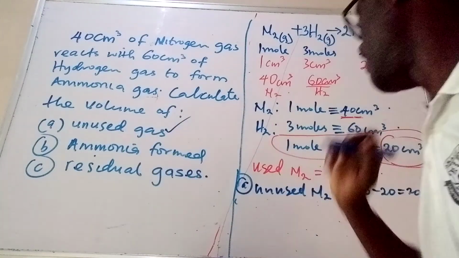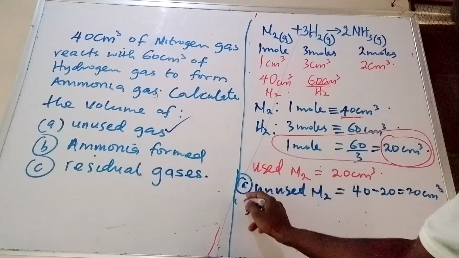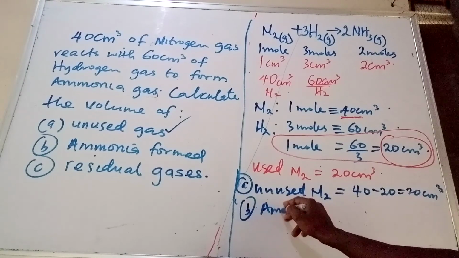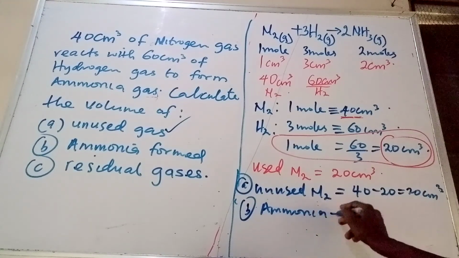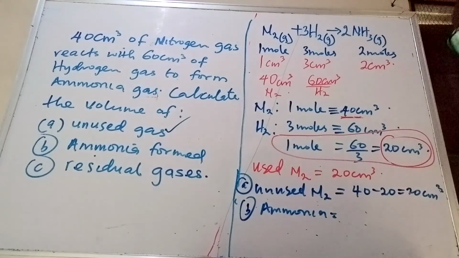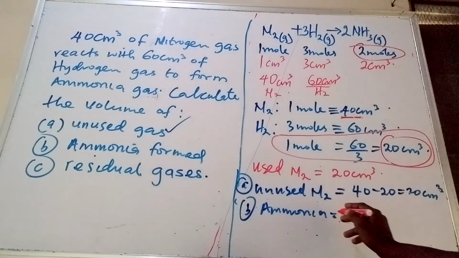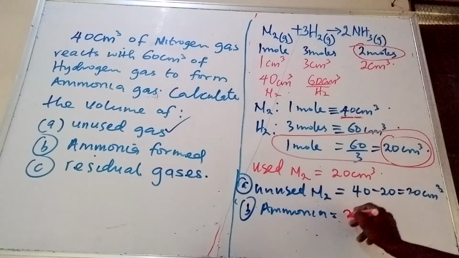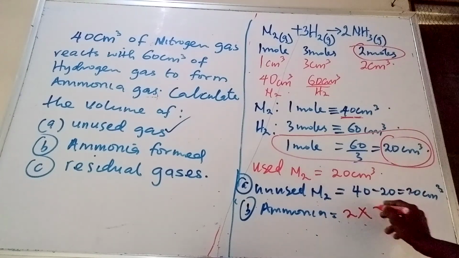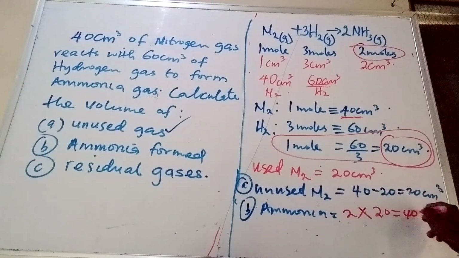The ammonia that is formed, B, ammonia will be equal to, we'll go and check the number of moles of ammonia. And how many? That is 2. And since 1 mole is equivalent to 20 cm cube, which has been set as standard, that will be 2 times 20, which is 40 cm cube.